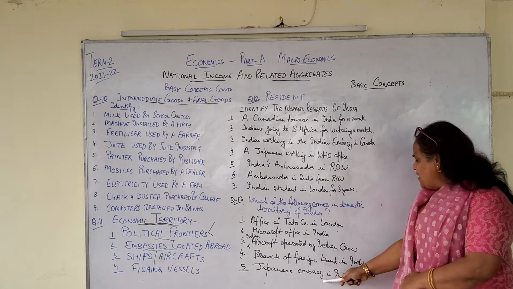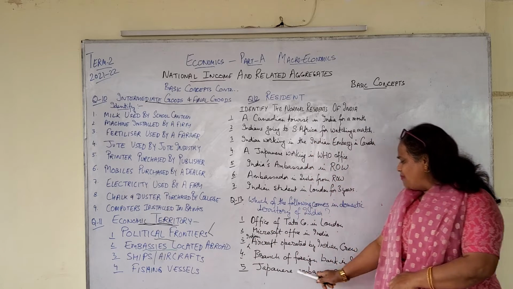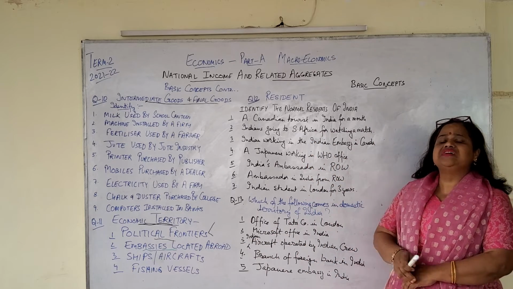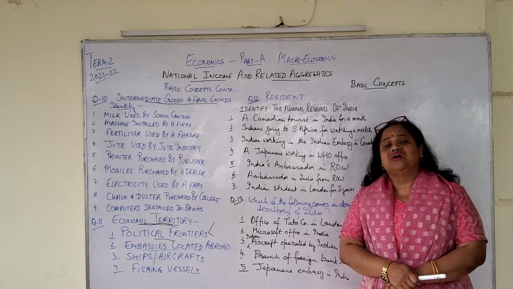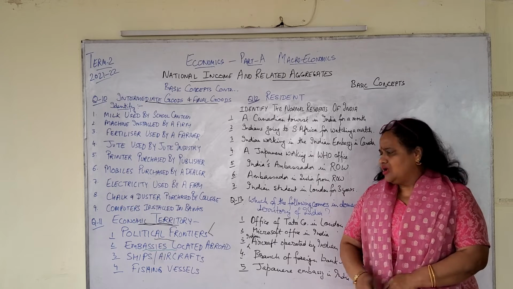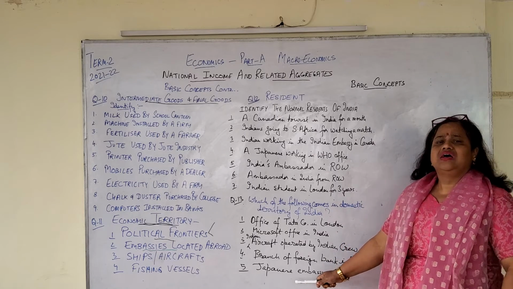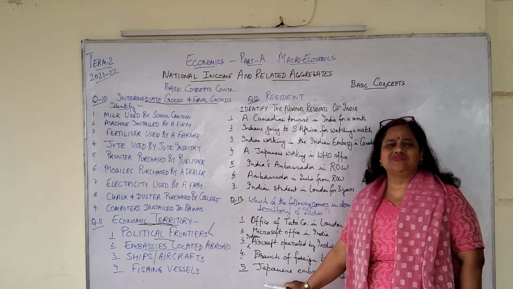Then the Japanese embassy in India. Now embassy, you have to take care of this point. Now the Japanese embassy in India, since it is Japanese, belongs under the control of the government of Japan. It is not a part of the domestic territory of India because it is a part of Japan. It belongs to the domestic territory of Japan.